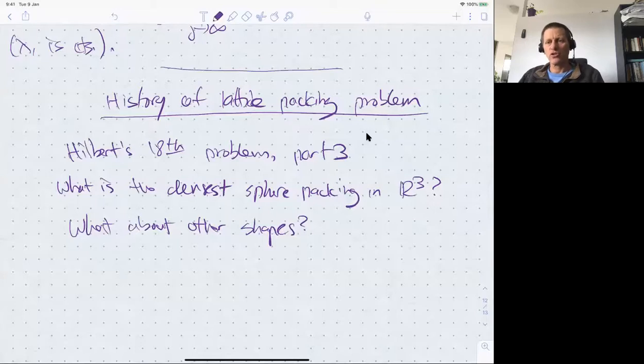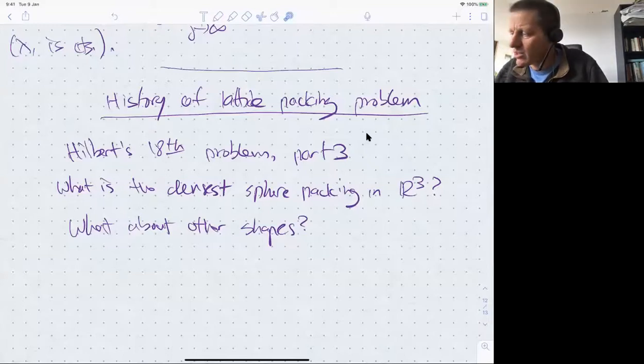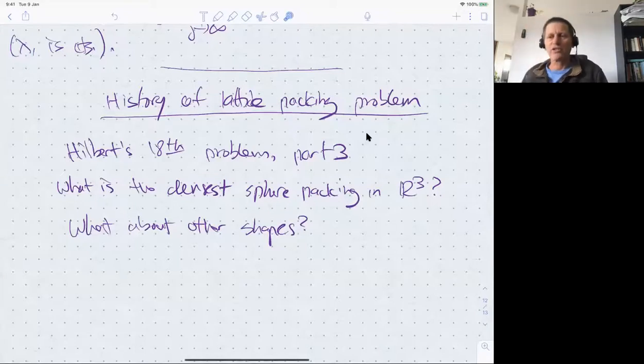The balls always should have equal radius in this problem. For whatever linguistic or historical reason, in this topic, spheres are balls. This ball packing problem is often referred to as a sphere packing problem for some reason.